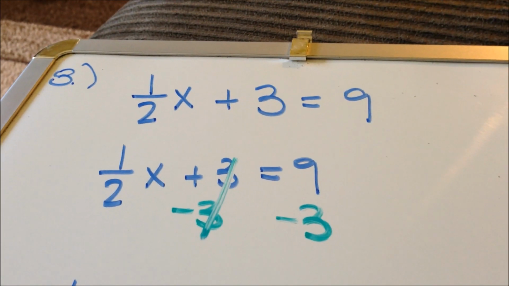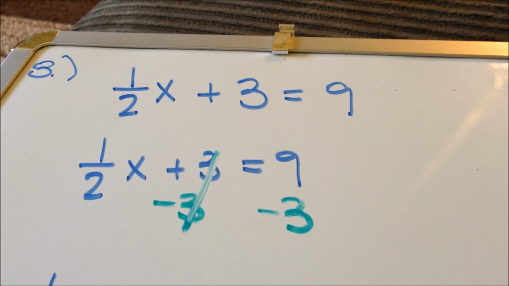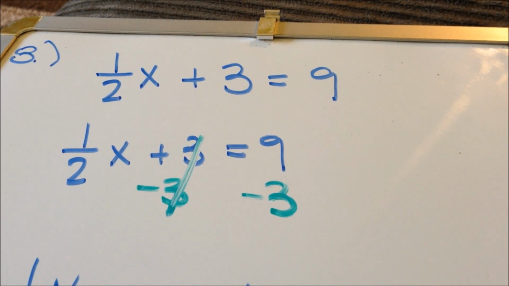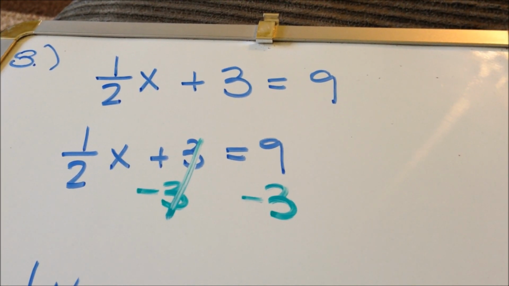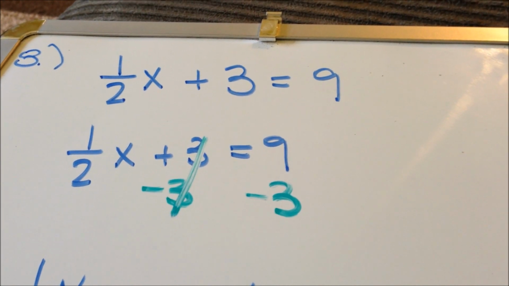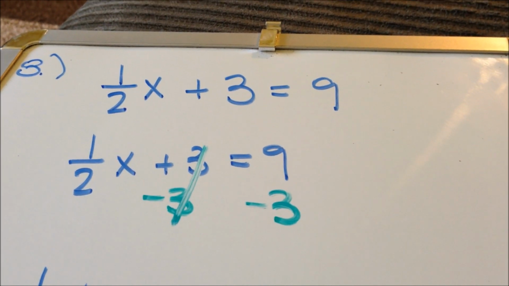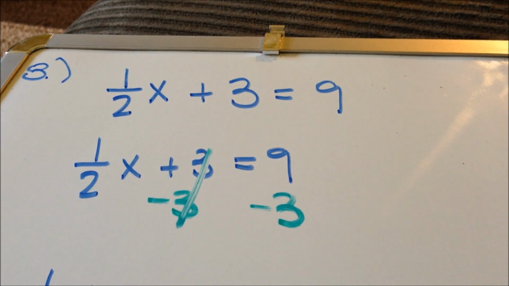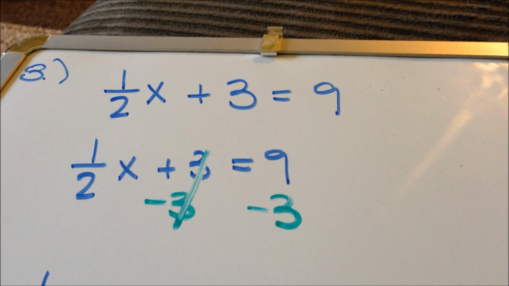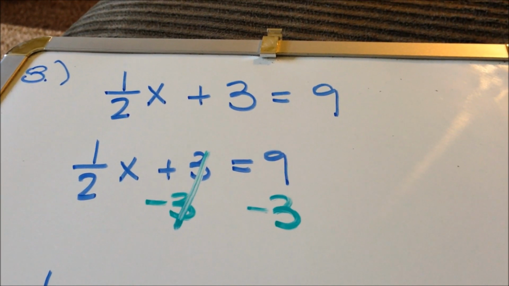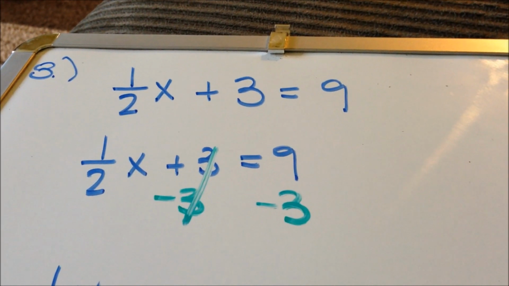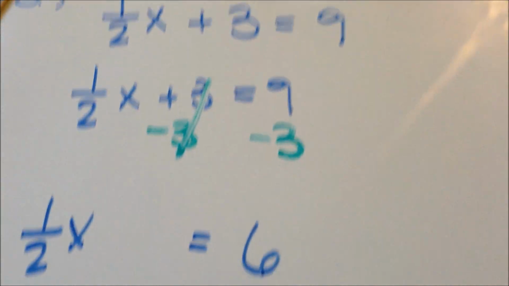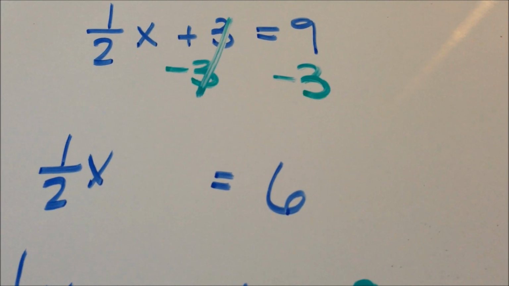Number 8 was 3 more than 1/2 of a number is 9. Again, we have the phrase more than, which means to switch the order of the numbers, so the 3 comes after the plus sign. 1/2 of a number is 1/2 times x, so 1/2 x plus 3 equals 9. Step 1 is to subtract 3 from both sides, so we now have 1/2 x equals 6.